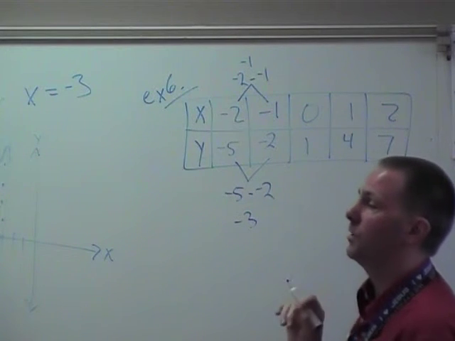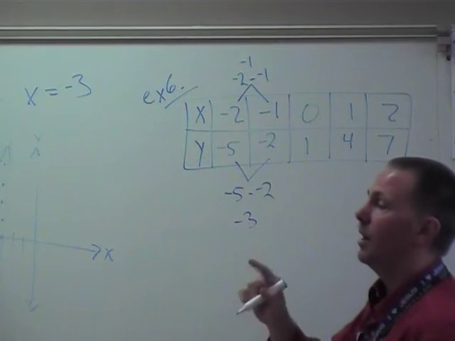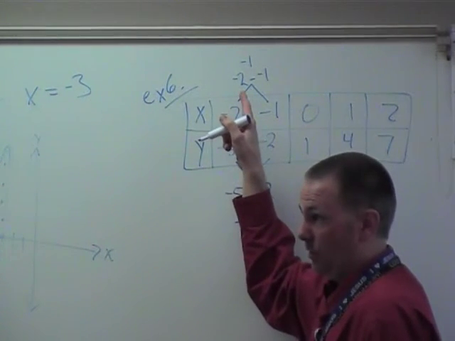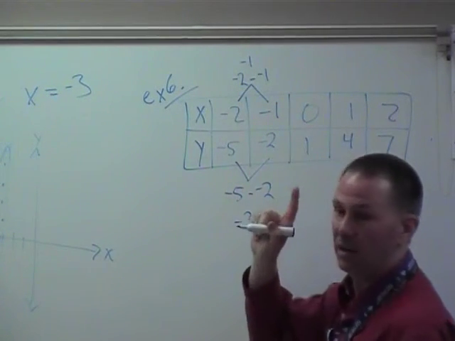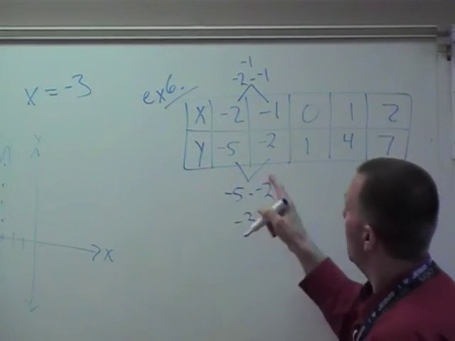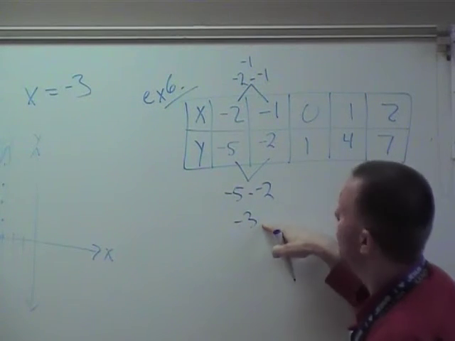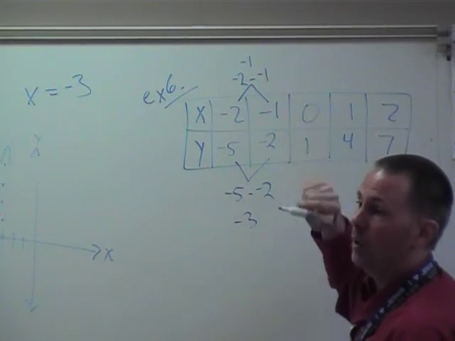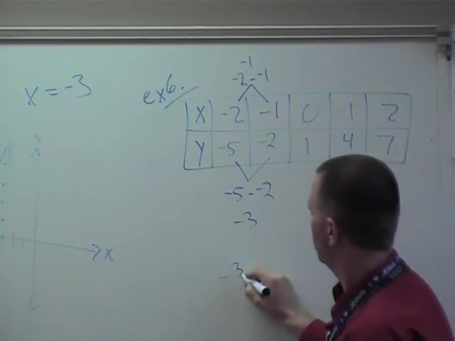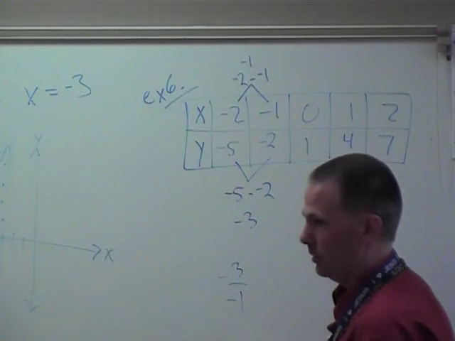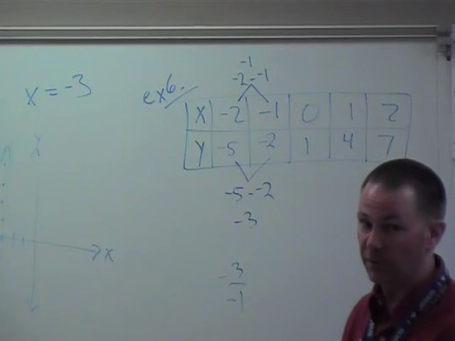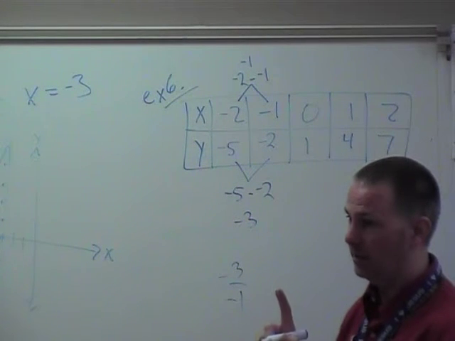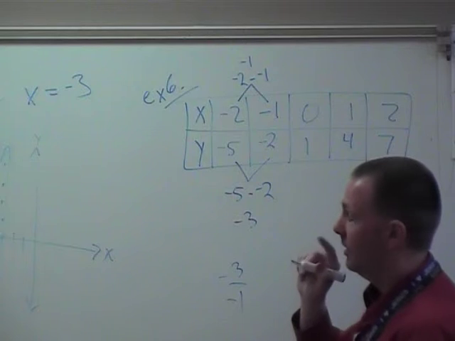Now, the importance of that is this. It doesn't matter which one you put first, as long as you keep it the same on the x values. What is the change in y over the change in x? -3 over -1, which is 3.